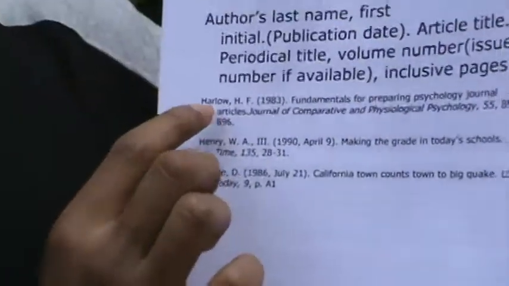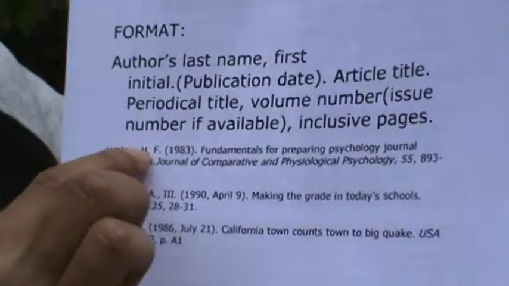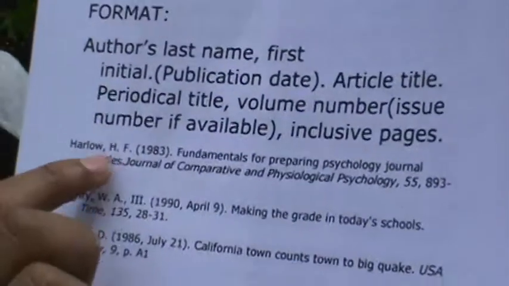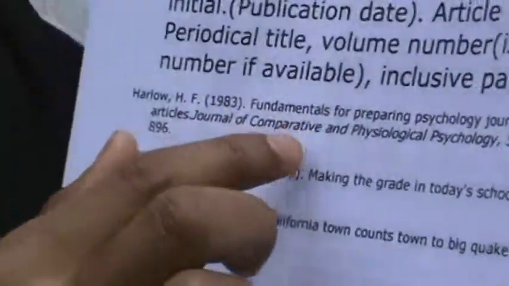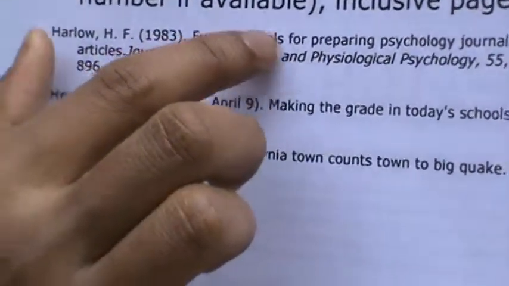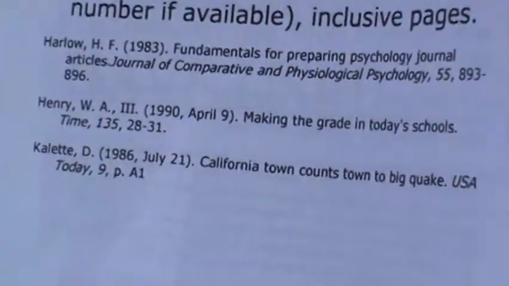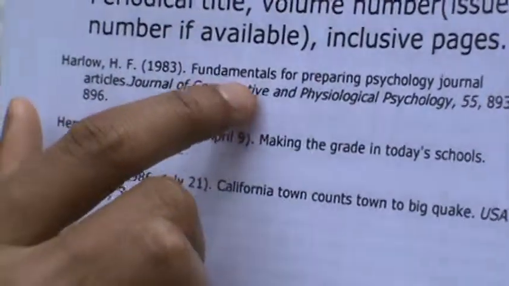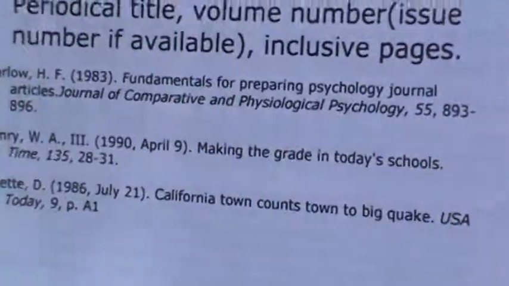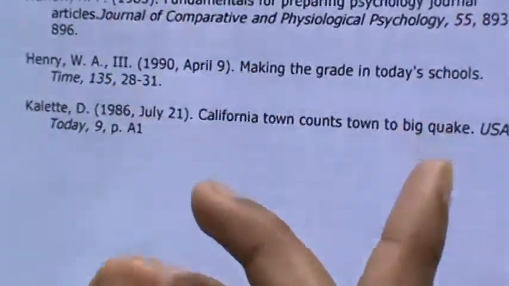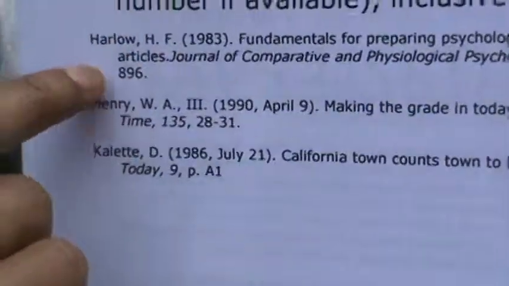For example, for this one, the first initial was an H and the last name is Harlow. The article title was Fundamentals for Preparing Psychology Journal. The periodical title was Journal of Comparative and Physiological Psychology, its volume number was 55, and the pages used were 893 to 896. The same applies for these two as well.